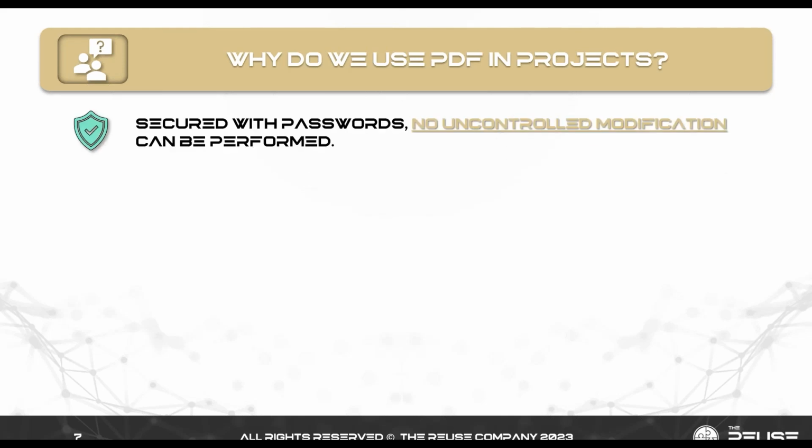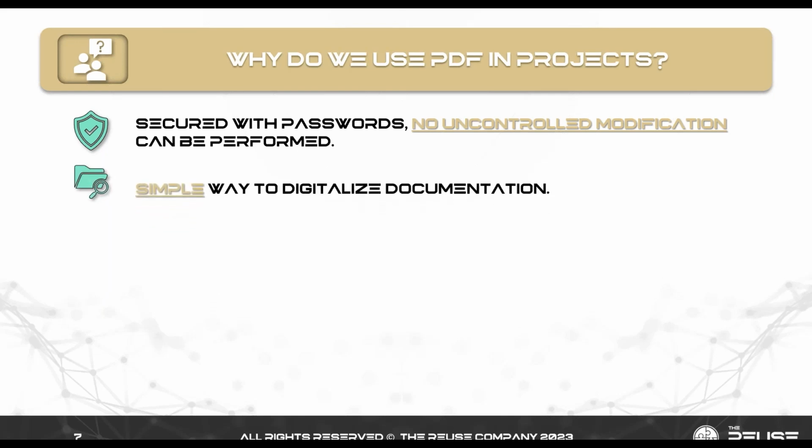So without further ado, we're going to go on to the first key point, or the first positive point, which is that it is very easy to secure any sort of PDF document by using a corresponding password, right? So you can control who is allowed to perform any modification. The second point is that it is very easy to digitalize any sort of documentation.